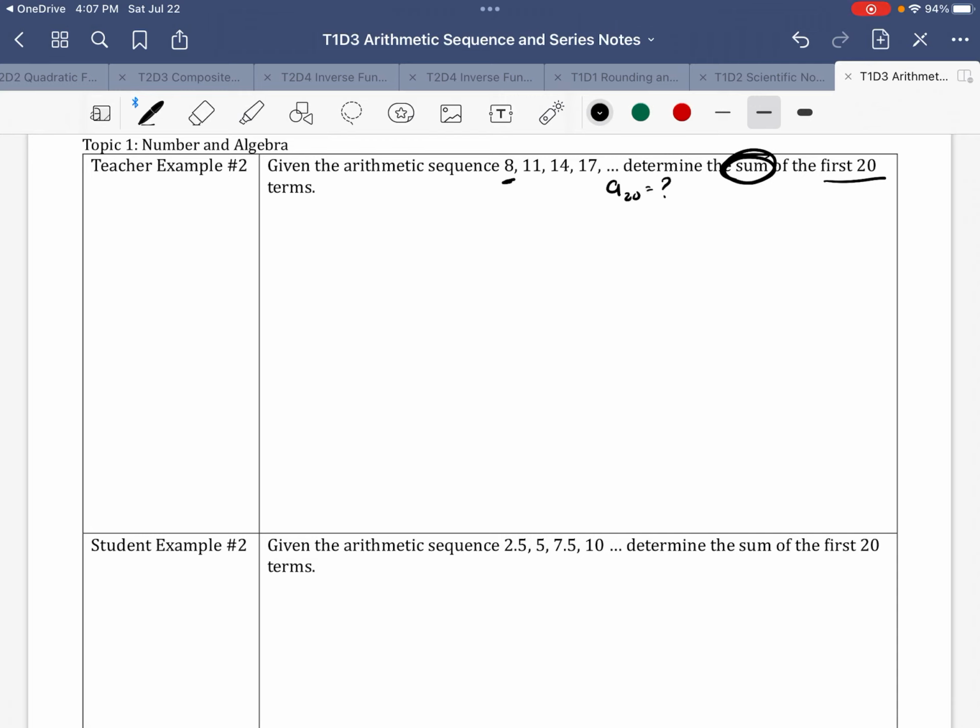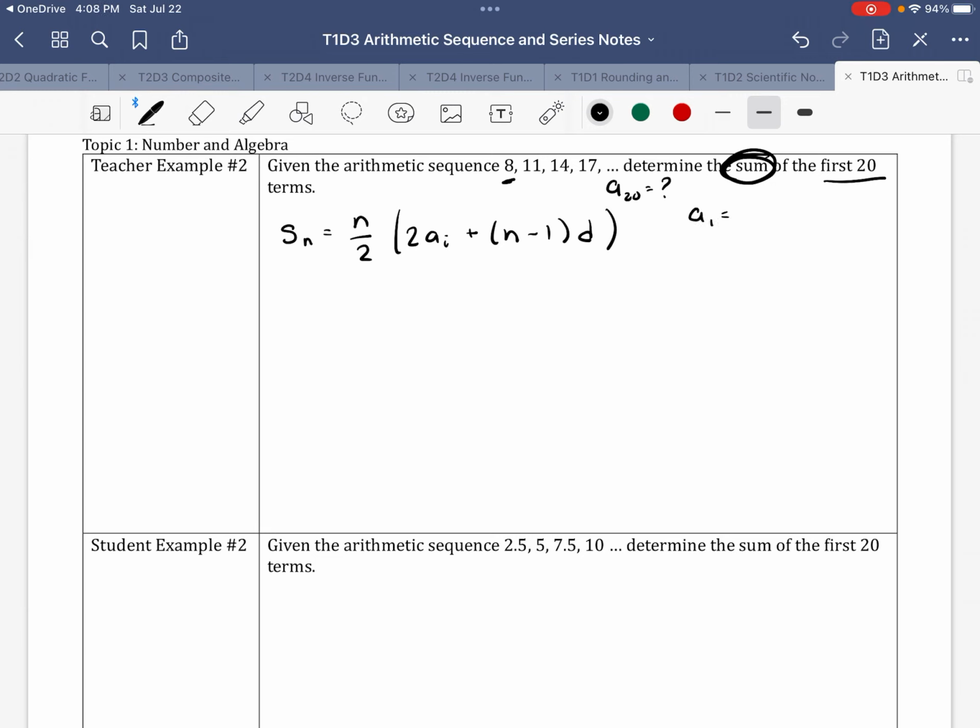It only gives me the first 4 terms. So I need to use the first type of the sum equation. So that's going to be S sub n equals n over 2, 2 times a sub 1 plus n minus 1 multiplied by d.